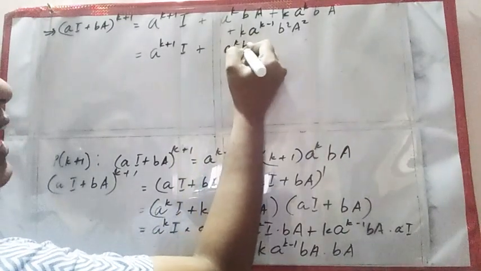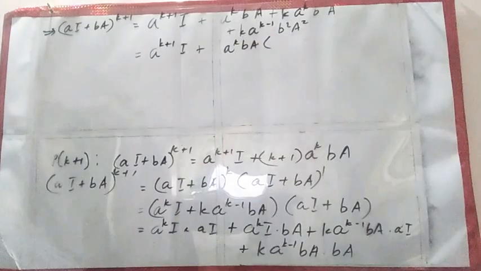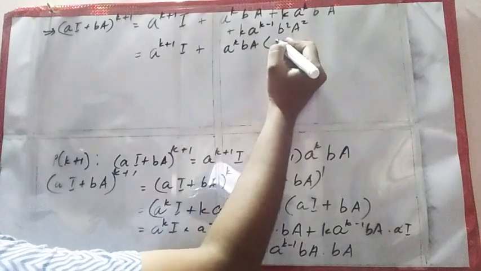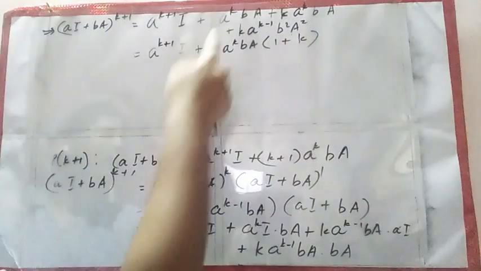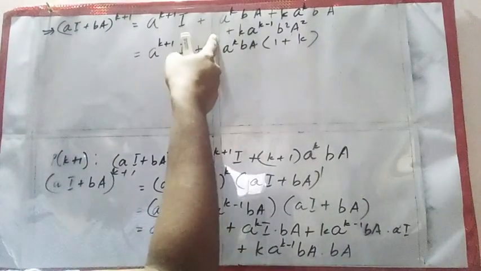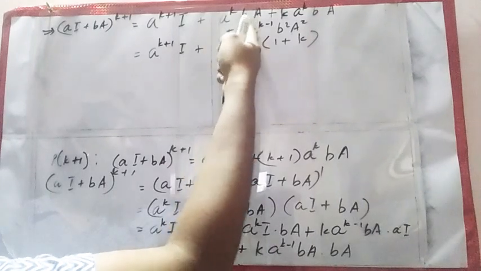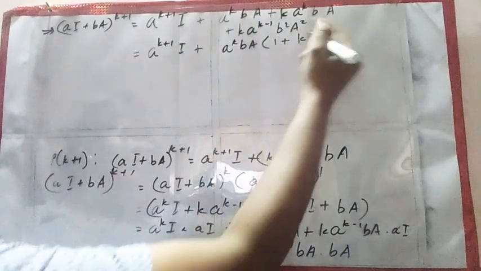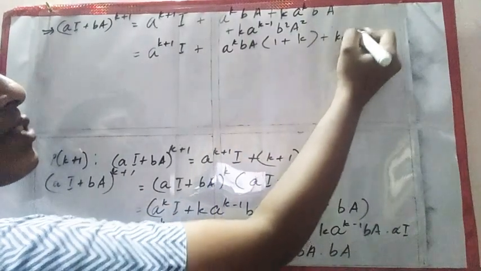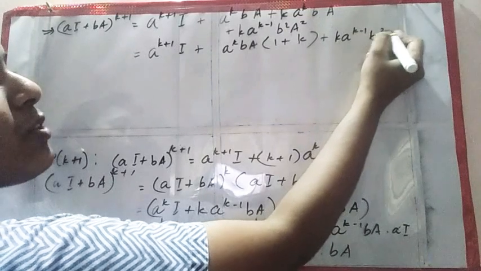A raised to k b A into, inside the bracket it becomes 1 plus k, isn't it? We can take out a raised to k B A outside. Then we have 1 plus, here there is left one k. So we have 1 plus k. So the balance term is plus k a raised to k minus 1 b square A square.